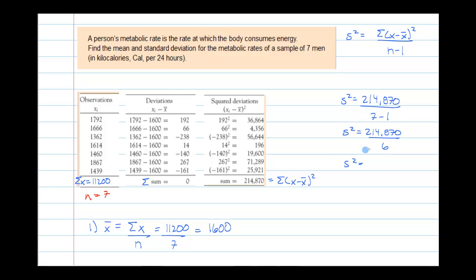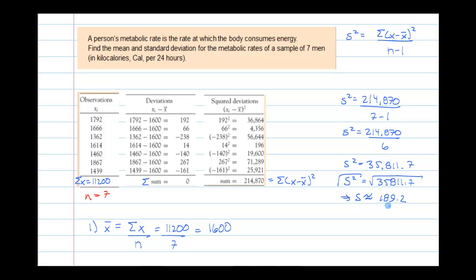And so I get s squared equals 35,811.7. Now don't round here, leave this in your calculator. To find s, I take the square root of s squared, so I would take the square root of 35,811.7, and I get s, the standard deviation, is about equal to, it's not exactly equal to, so I should probably use about signs here, 189.2.